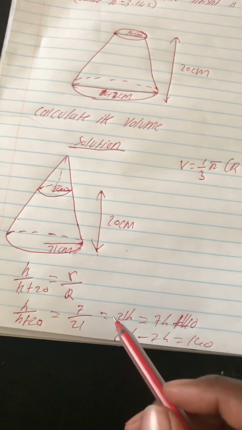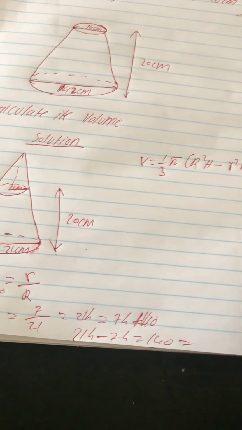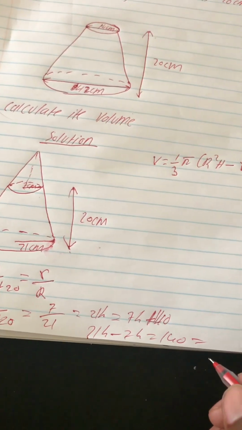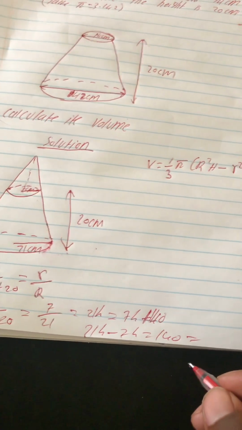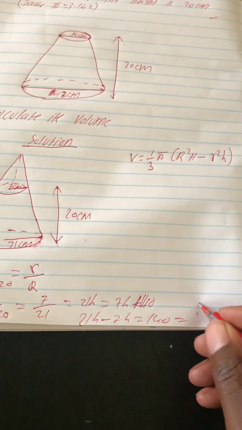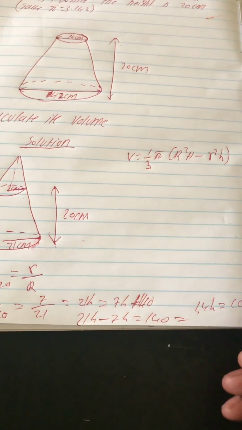We are finding the height of the small cone. 21 minus 7 is 14, so 14h equals 140.